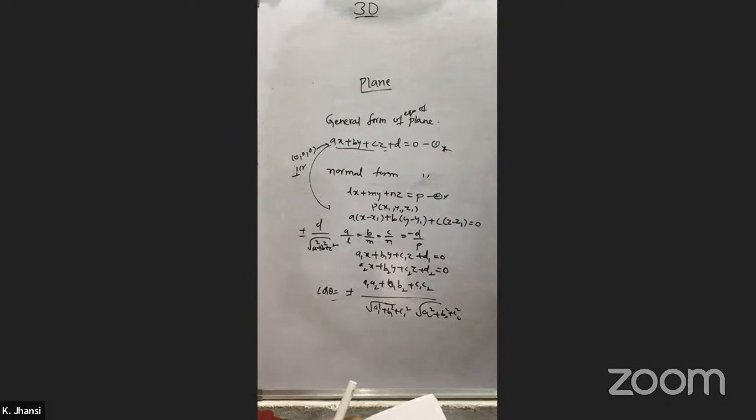The same one you have in your check your progress also. On page 55 only, the distance between two parallel planes formula is also there. So all these formulas and problems are important.